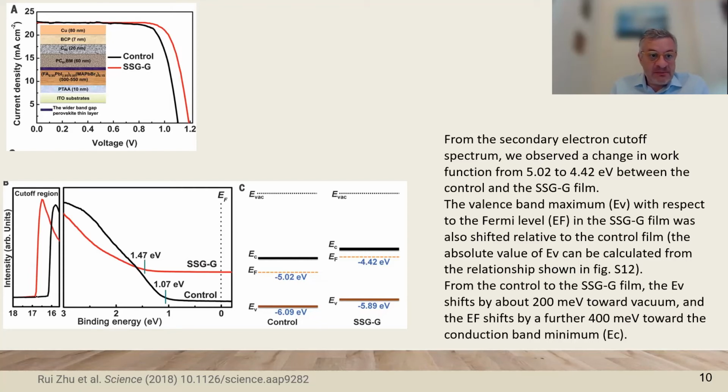Here, by seeing the modifications of the energy levels by UPS, of the position of the bands, and the change of the Fermi levels, we can make these plots and see that in the second cell, all the levels have gone up and the Fermi level is closer to the conduction band, explaining the increase of the photovoltage just by the properties of the bulk semiconductor.